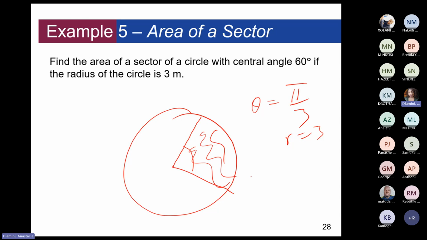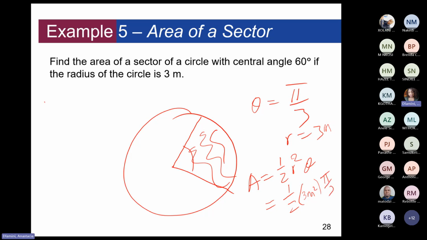So the area of this sector is 1/2 r squared theta. So this is equal to 1/2. What is my r squared? My r squared will be 3 meters squared, that will be 9 meters squared. Theta will be pi over 3.